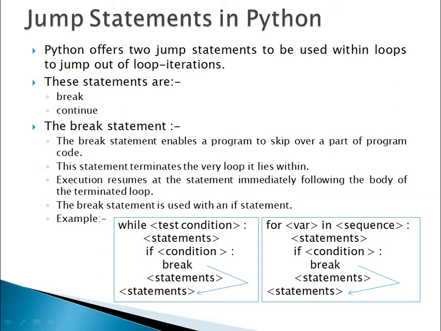So the break statement terminates the execution of the loop in which it is lying. Execution resumes at the statement immediately following the body of the terminated loop. After the loop termination, the lines following that loop will be executed, and the lines inside the loop body will not be executed.